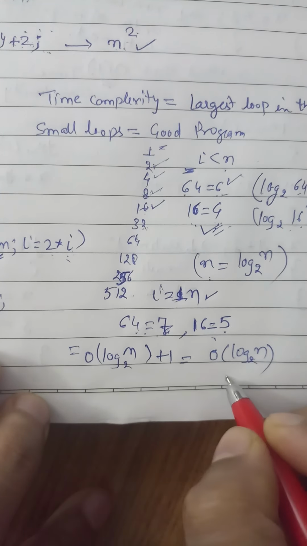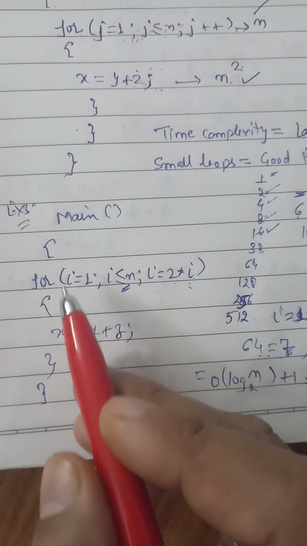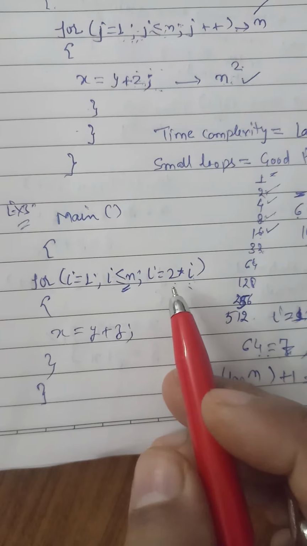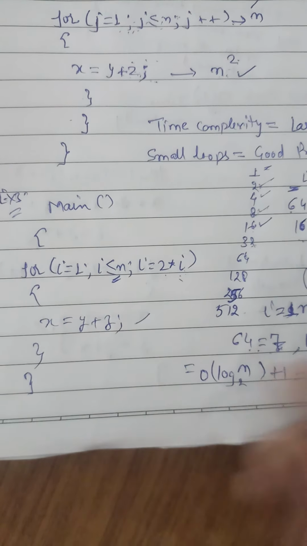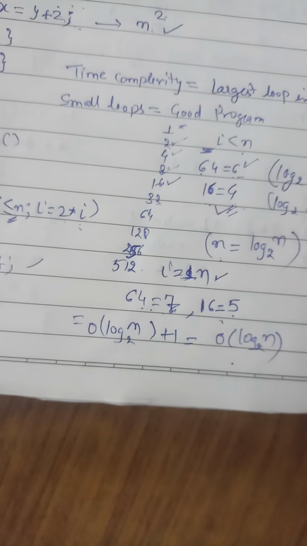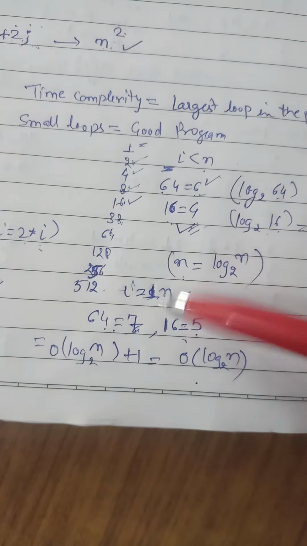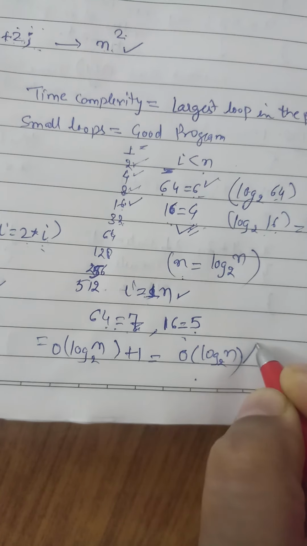So the complexity of the program with the loop I equal to 1, I less than or equal to n, I equal to 2 into I, with one statement, will be the same, whether we go for I less than n or I equal to n. So the time complexity of this program will be order of log n base 2.